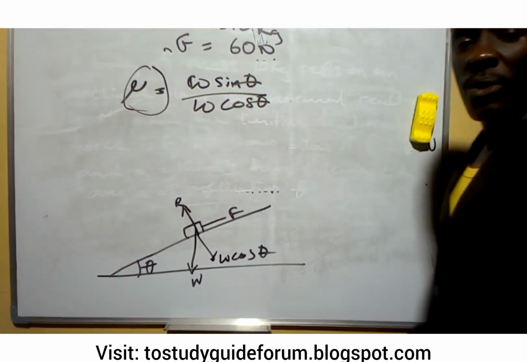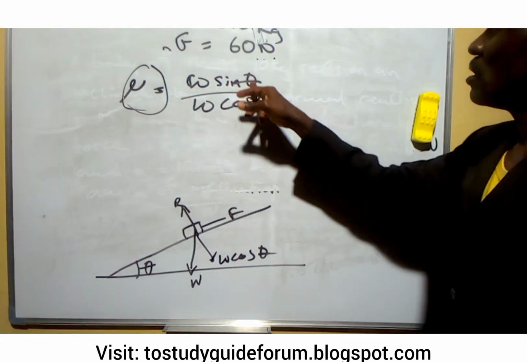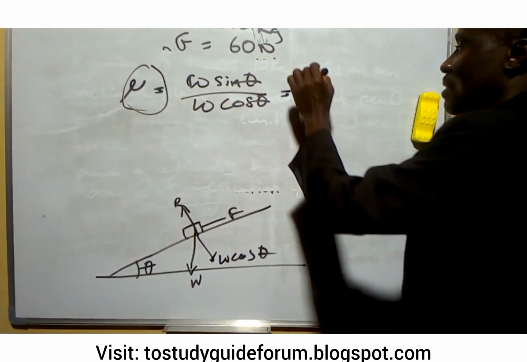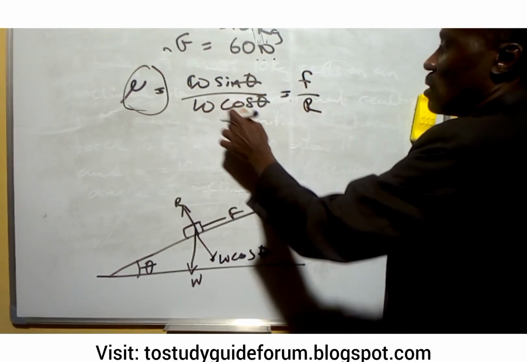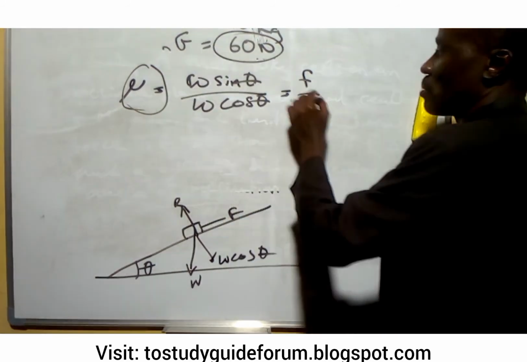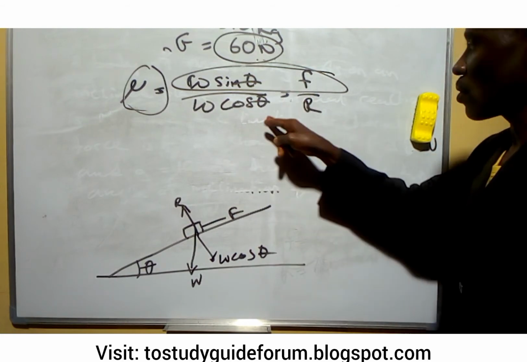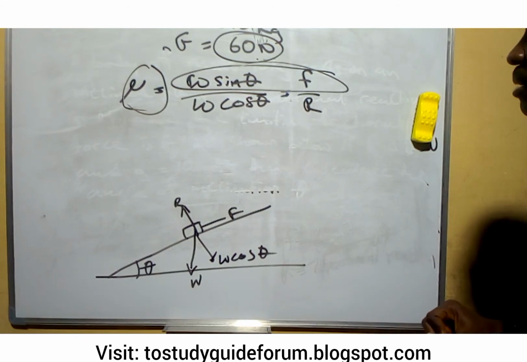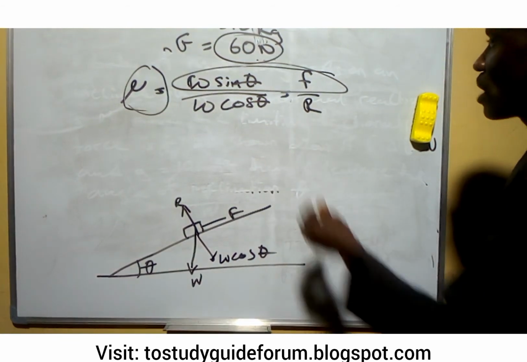But that's not where we are going, because what we want to find is the angle of inclination. Since we are given the limiting frictional force, we can work with this alone to get theta.